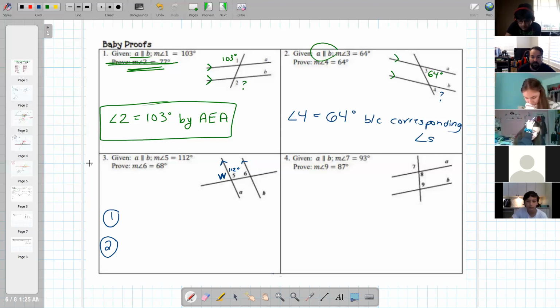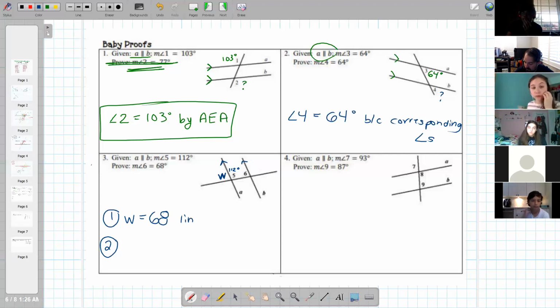Okay, so I'm going to offer up how I saw this, and then I'd love for someone to share if they saw this in a different way. The way that my eyes saw this was that W has to be 68 because it's a linear pair. This angle I call W is right next to the 5. It's a linear pair. It has to be 68.